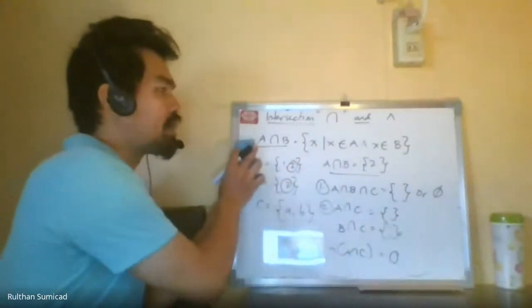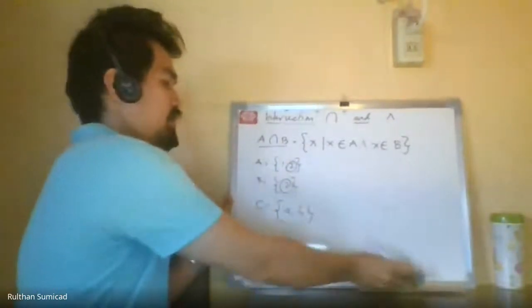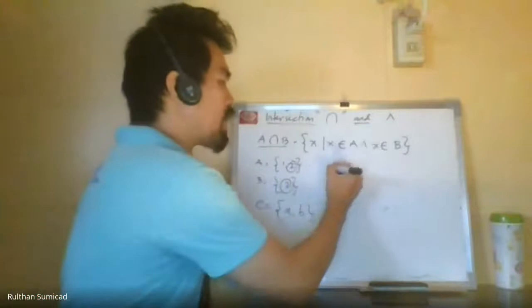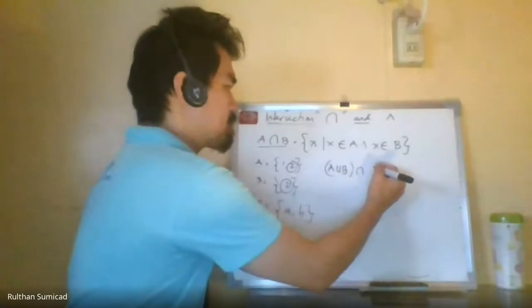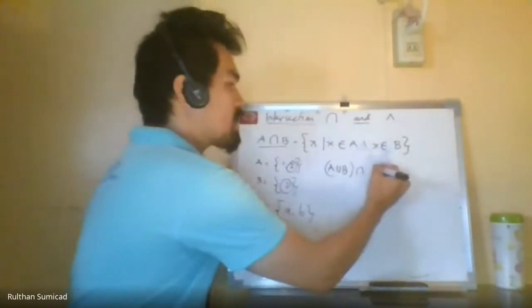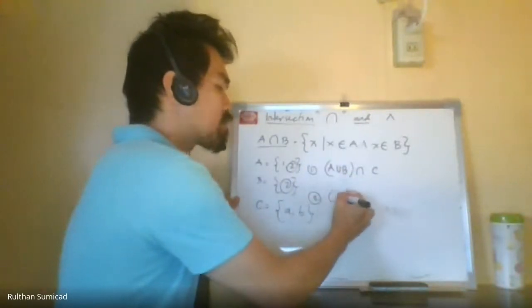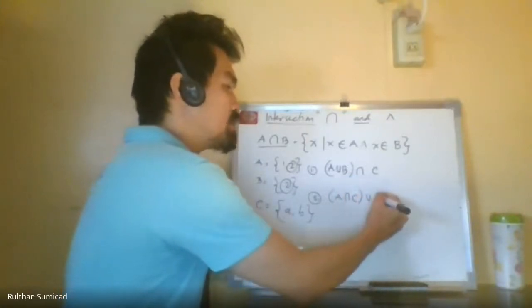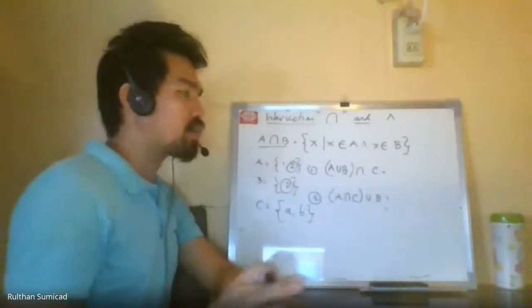What if we make this a little challenging? This is the given set. I will ask you, what are the elements of number one, A union B intersection C, and number two, A intersection C union B. This is a compound set.